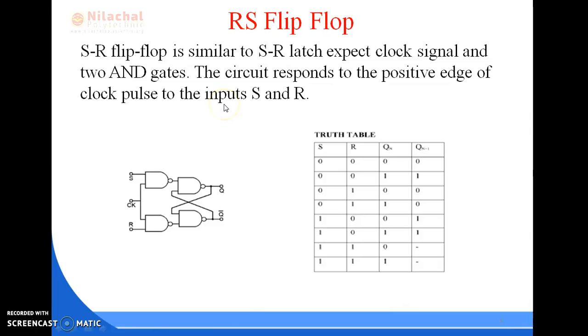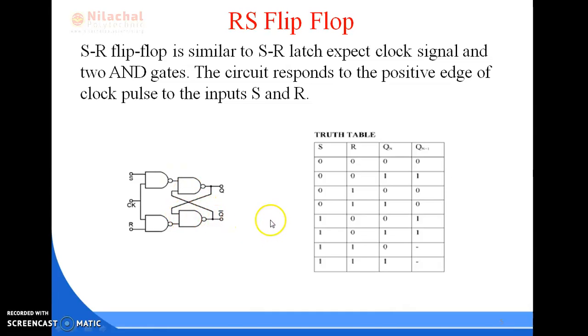It can be constructed using either NAND gates or NOR gates. Here the SR flip-flop or RS flip-flop is constructed using only NAND gates. Four NAND gates are used to construct the RS flip-flop.